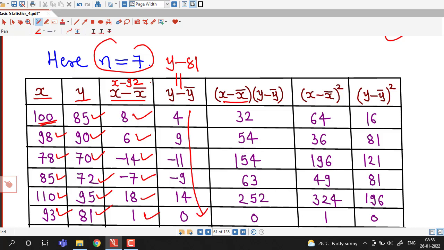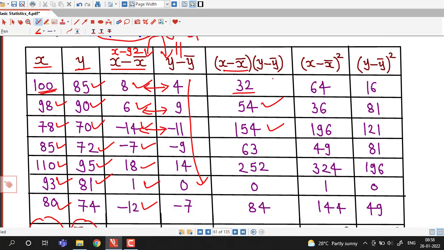Then we find out the product of these two deviations, x minus x bar and y minus y bar. So the next column is the product of all these values. 8 into 4 is 32, 6 into 9 is 54, minus 14 into minus 11, negative into negative is positive, 154, and so on. We obtain this column which is the product of these two deviations. Next column is the square of deviations of x from x bar, that is we have to square all these values.